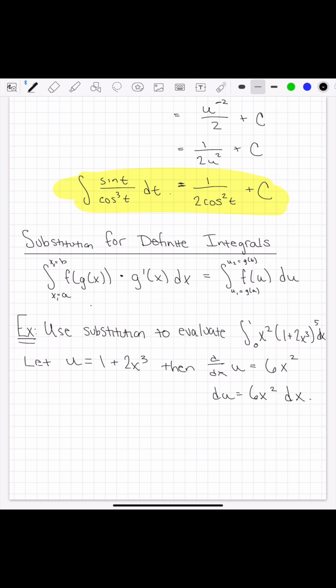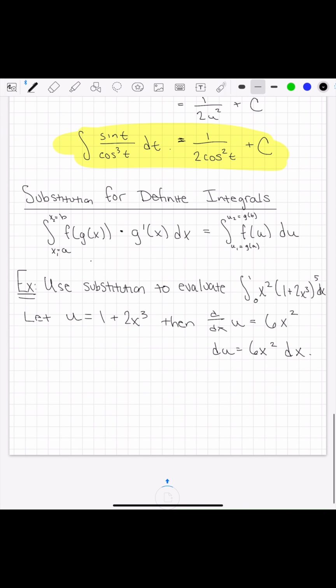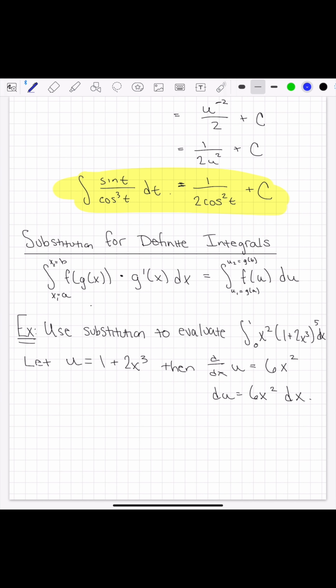And then we have a problem again, because in our equation we only have x squared dx left, and then we have this 6 in here. So we have to address the 6. Remember, we used that same technique in the last example. I'm just going to multiply both sides of this by 1 over 6. So that's going to be 1/6 du is x squared dx.